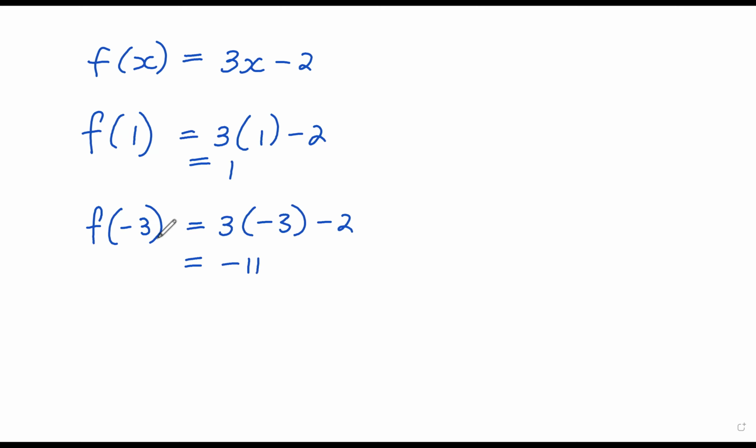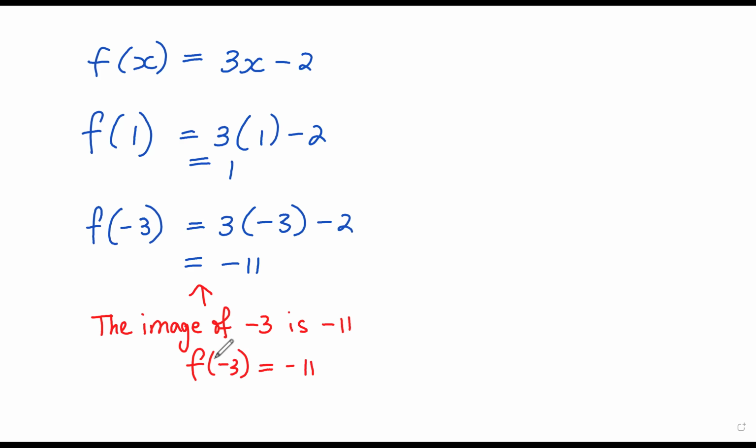So I can describe this by saying that the image of -3 is -11, because f of x is equal to -11 when x is -3, or f of -3 is equal to -11. So this is called the image of the value -3.